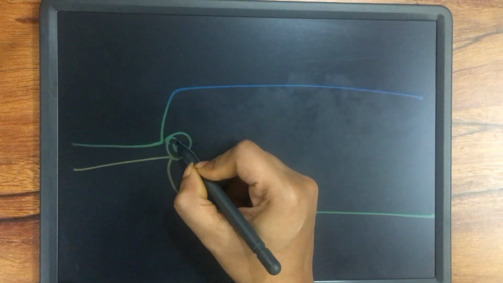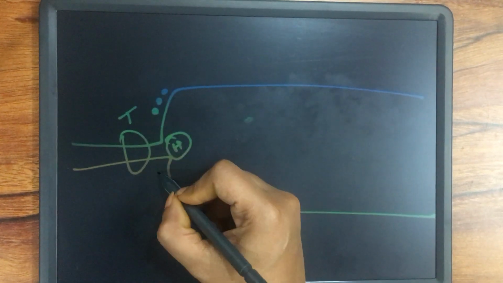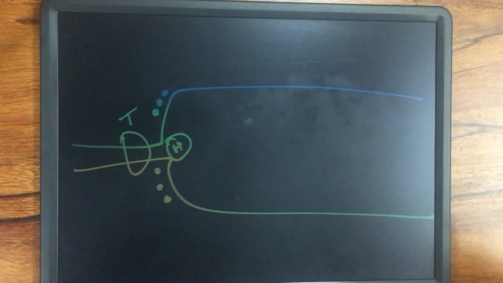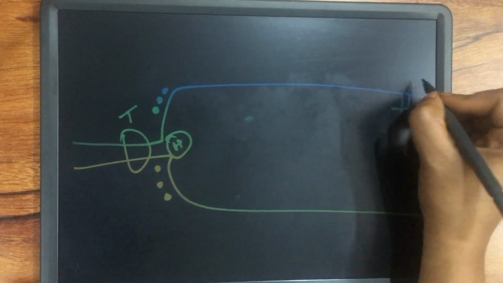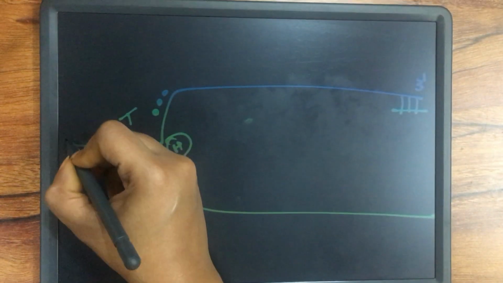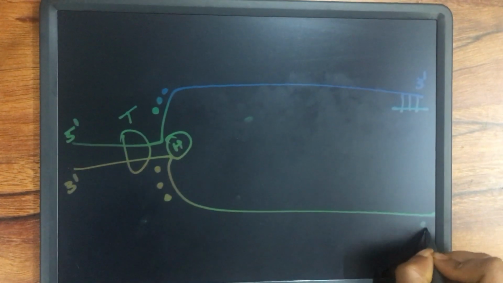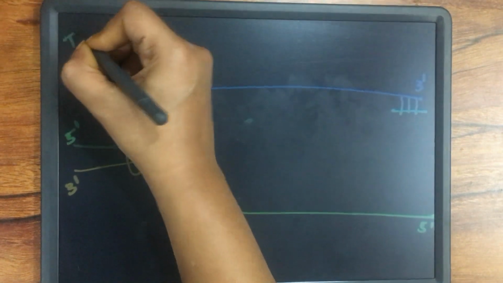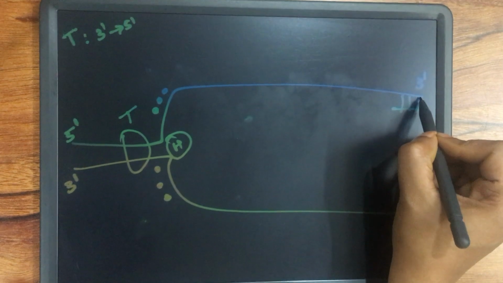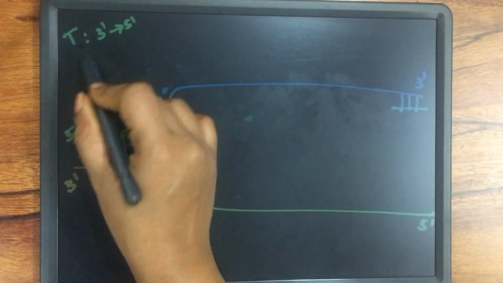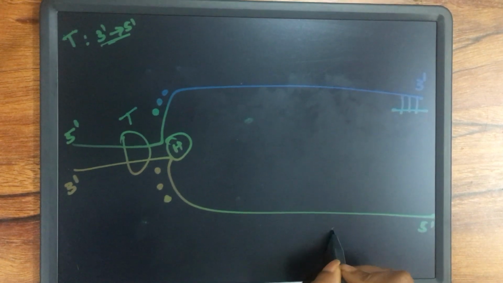We have helicase here, we have topoisomerase, we have SSBs, and we have one RNA primer here, and this is 3' to 5' direction, and this is 5' to 3'. We know that the template always must be in the 3' to 5' direction. So this template is in 3' to 5', but this template is in 5' to 3'.